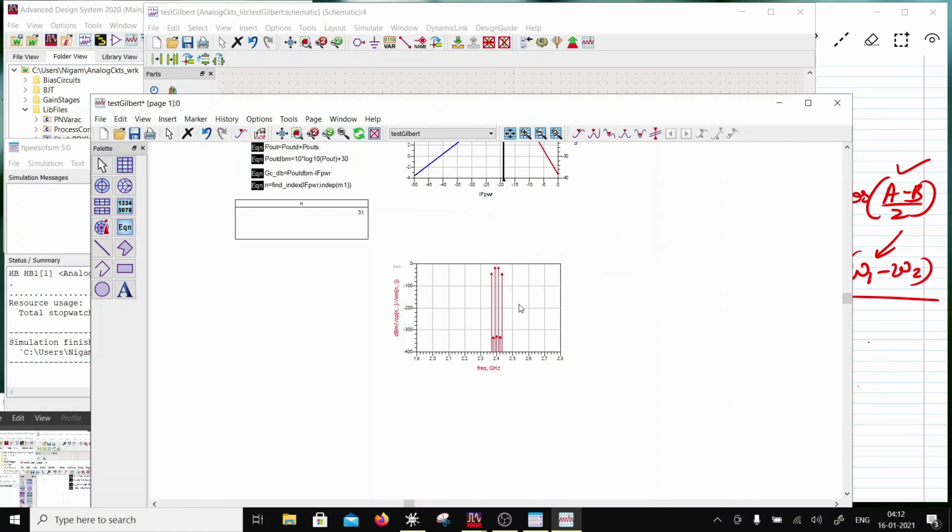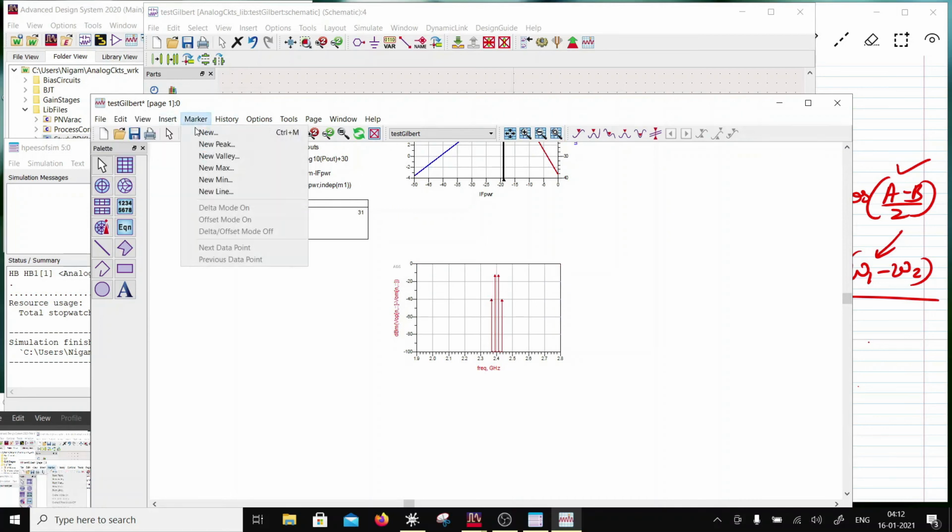Okay, so let's look at, okay, this is too much, right? So let's scale it. Minus 80 is good enough, right? So let's look at up to minus 80. Minus 80 goes over here, isn't it?